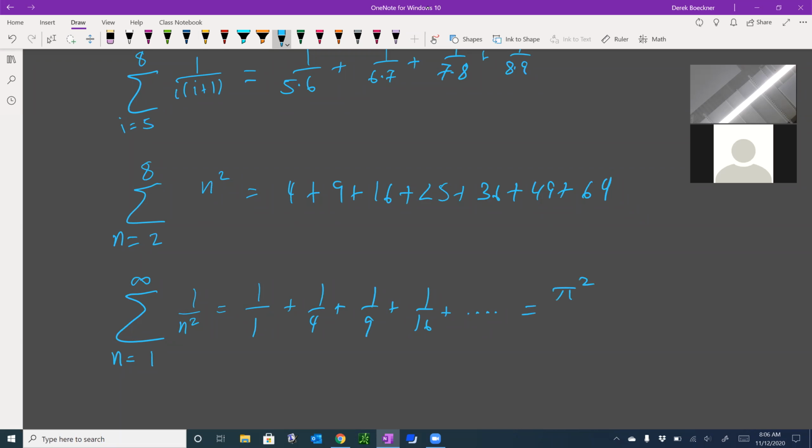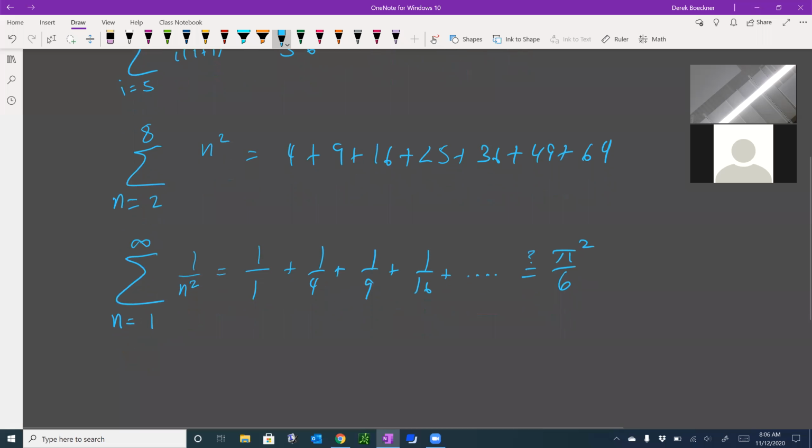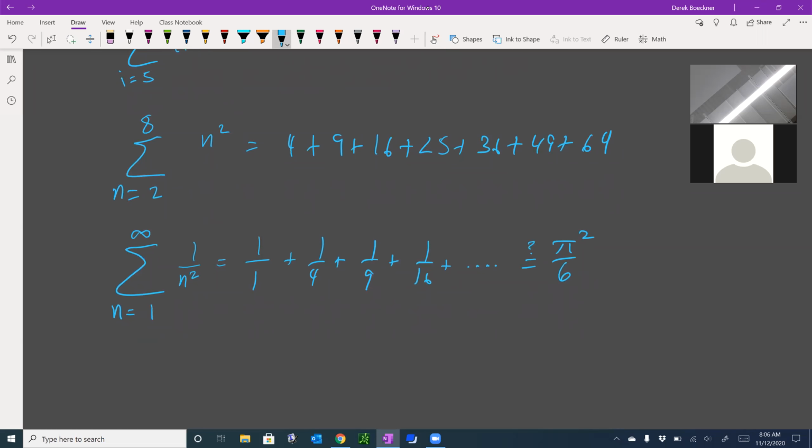This is actually pi squared over 6, I think. I'd have to look that up, but I think it's pi squared over 6. If you add up the reciprocals of the squares, you get a nice number like that. And so you can have infinite sums where the sum just doesn't have a terminating index value.